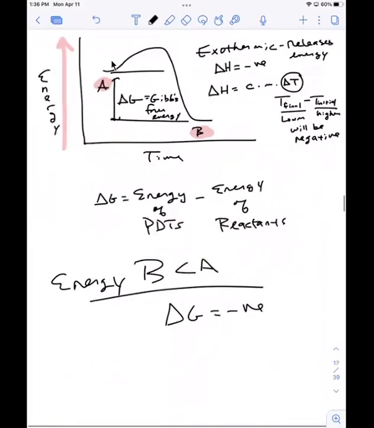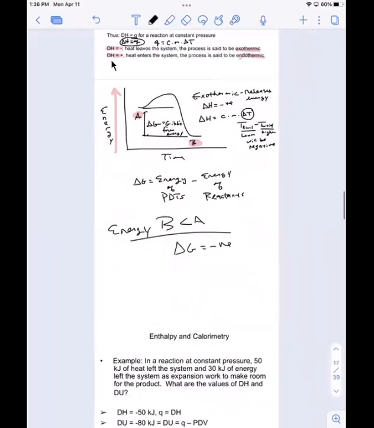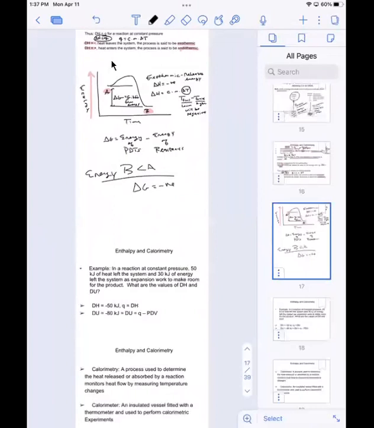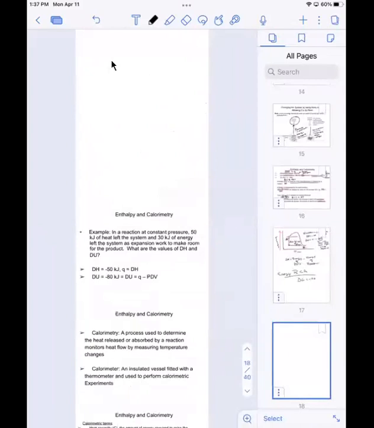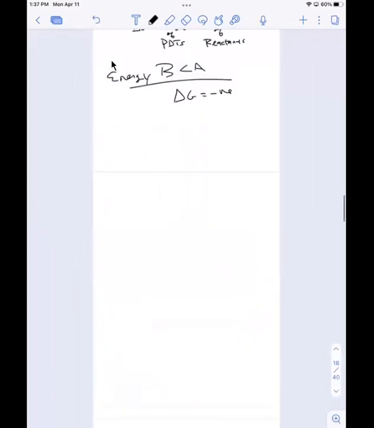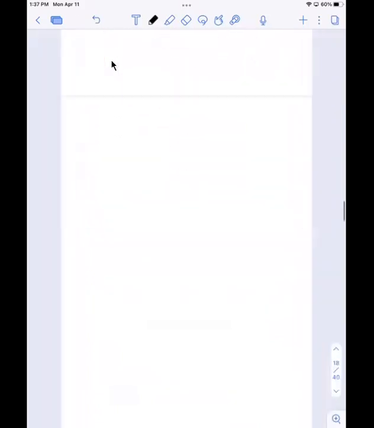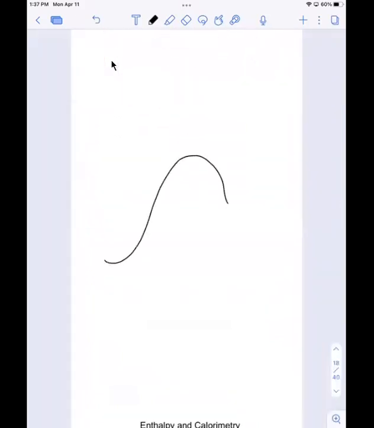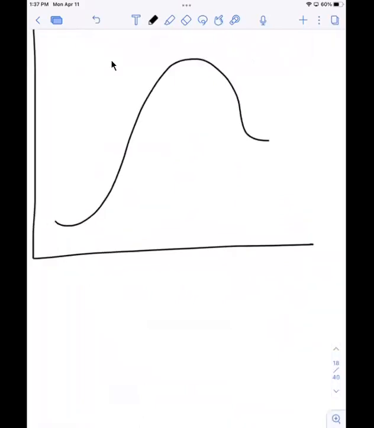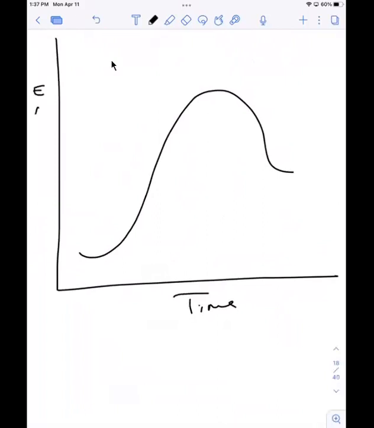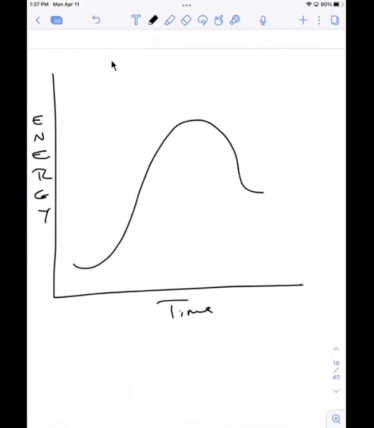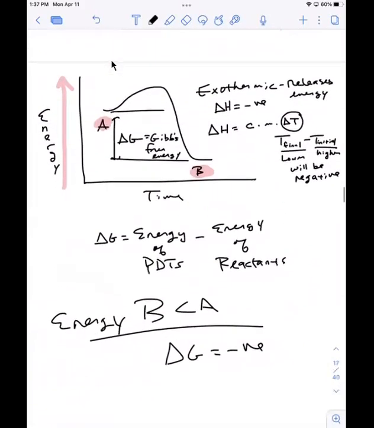All right, so the flip side of this is the endothermic reaction. So let me add another page in here. And if it's endothermic, the curve is going to be flipped. All right, so that's time, energy. This is my transition state. I didn't mark that up here, but I will.